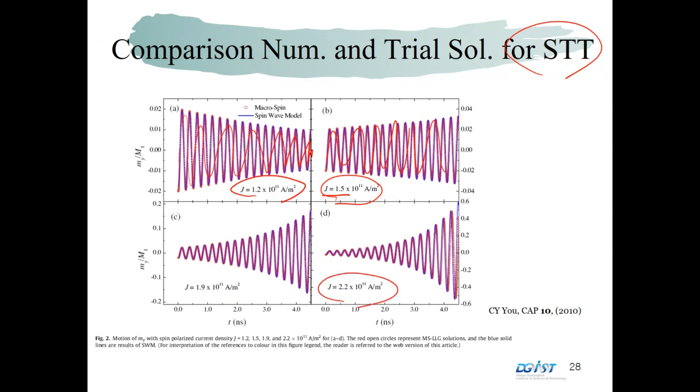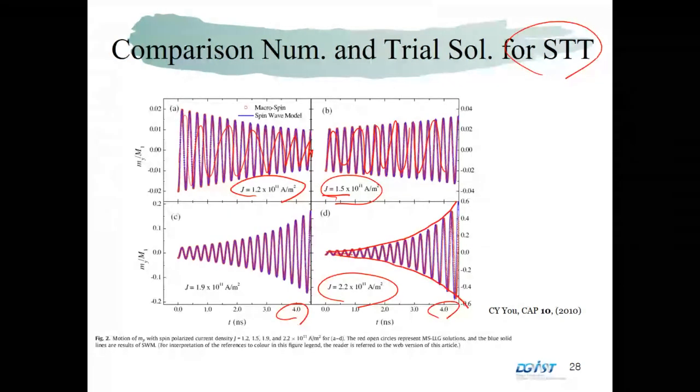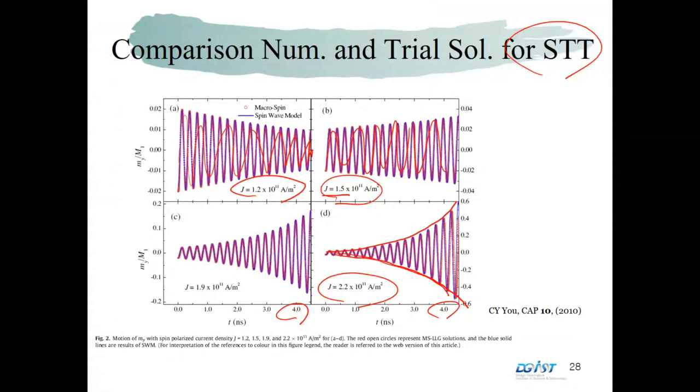And if we have a large enough switching current, the amplitude increases exponentially. So in the same time scale, the switching can occur more easily and faster with a large applied current.